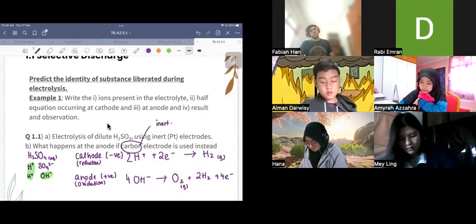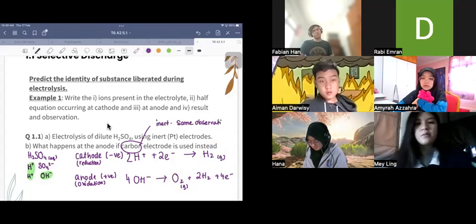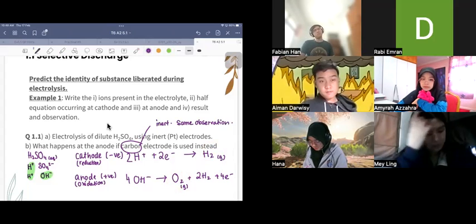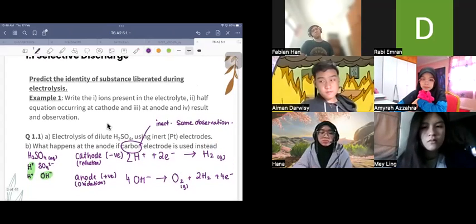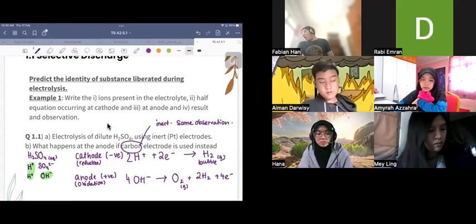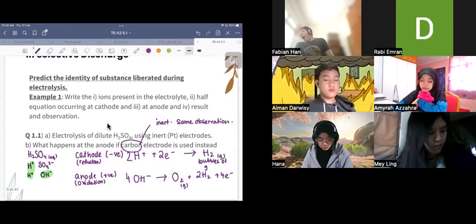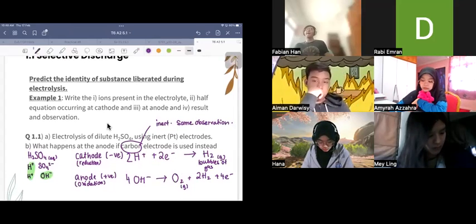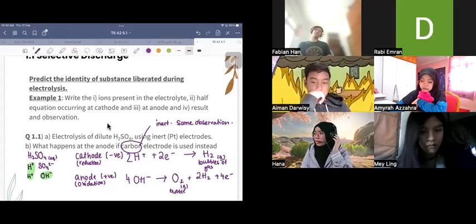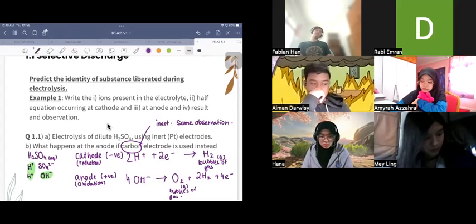Therefore, same observation. The observation will be bubbles of gas on the cathode and as well as bubbles of oxygen gas on the anode.